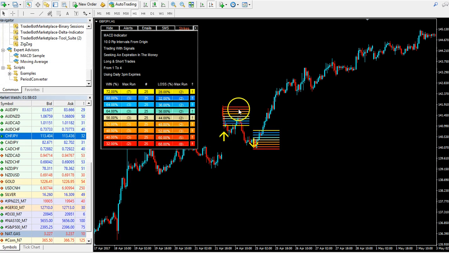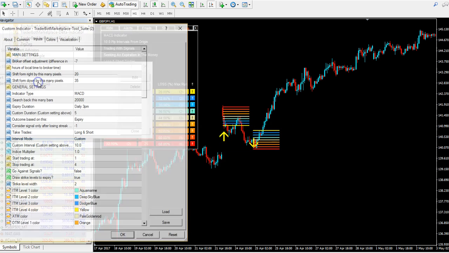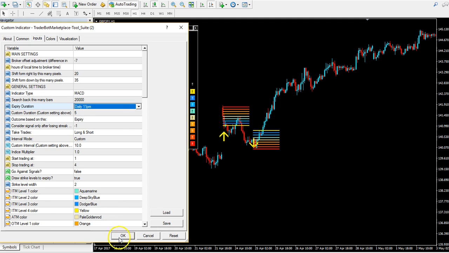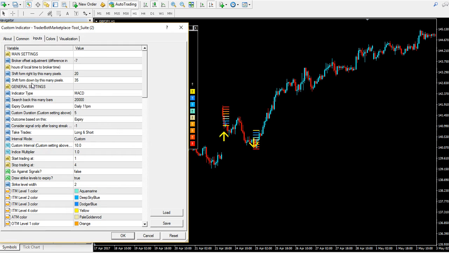Same signal, different expiry. What if we wanted to look at an 11 p.m. expiry? Same signal, different expiry. This is an 11 p.m. on the same day.